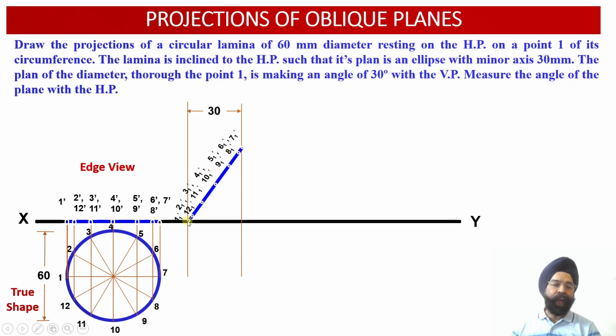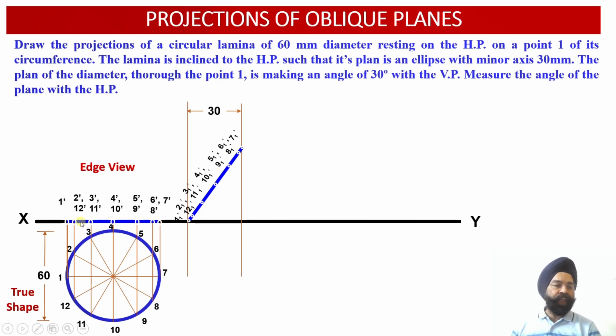From this point we'll keep the needle point of the compass over here. Open the compass equal to the edge length which we are able to see in the elevation view, that is 1 dash 7 dash. We will be marking this distance over here onto the second end projector corresponding to the point 7. So points 1 dash and 7 dash have been located.